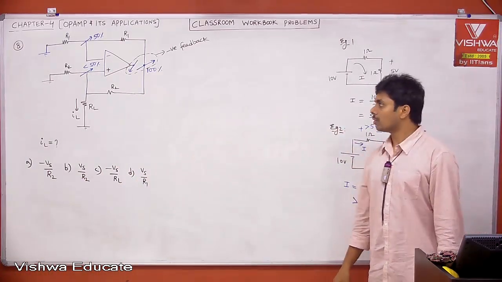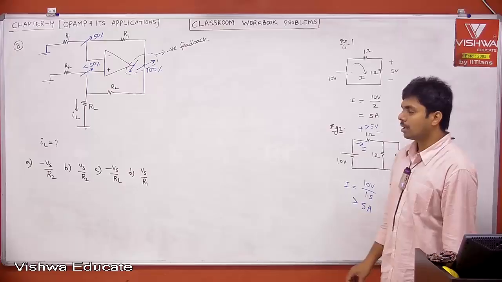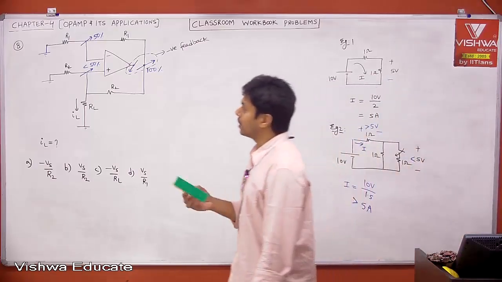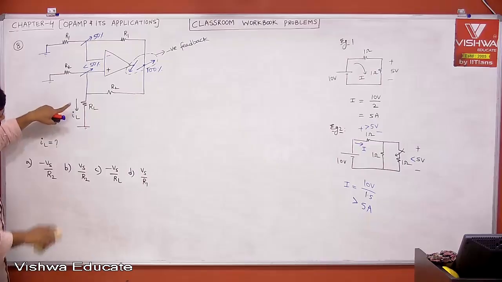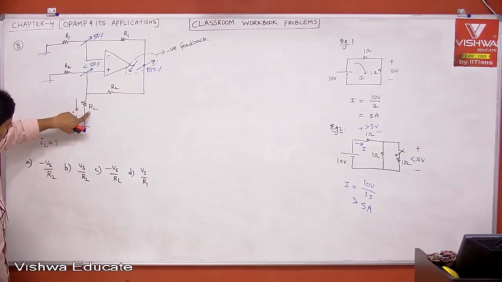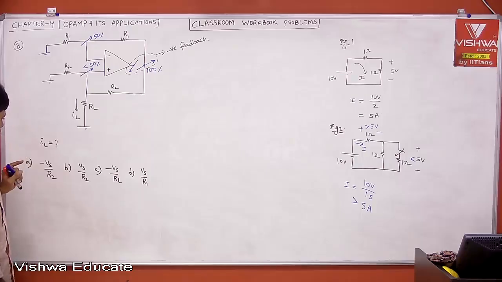Now try to apply nodal analysis. Then you'll get the answer. Before solving the problem, let's expect what could be the answer. Okay, tell me what is the current which is flowing through RL, IL. Therefore, can I say your IL is a function of what? Can anyone guess what could be the answer?